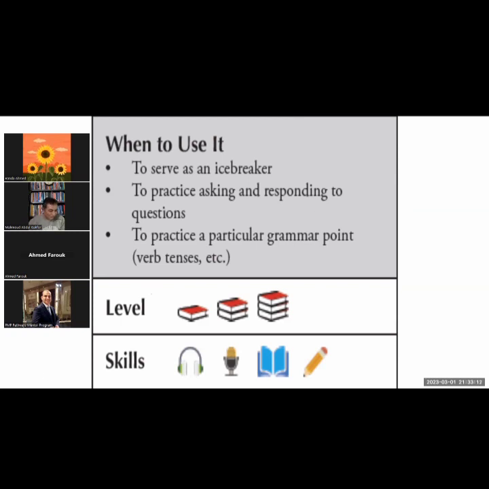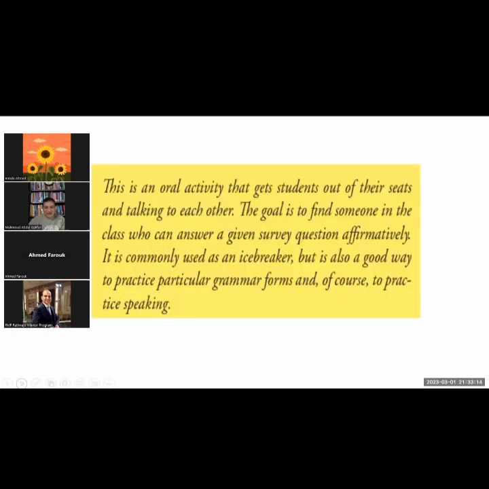Okay, can we move to the second exercise? As I have told you, this is an oral activity that gets the students out of their seats. You ask the students to stand up, go to another student and talk to each other. The goal of this activity is to find someone in the class who can answer the survey questions affirmatively.